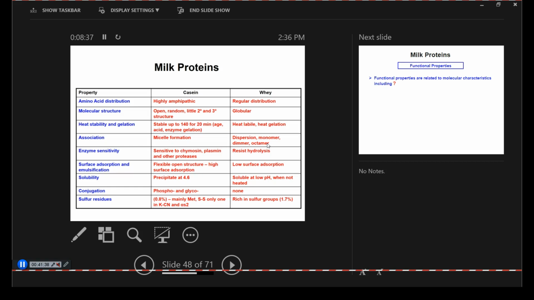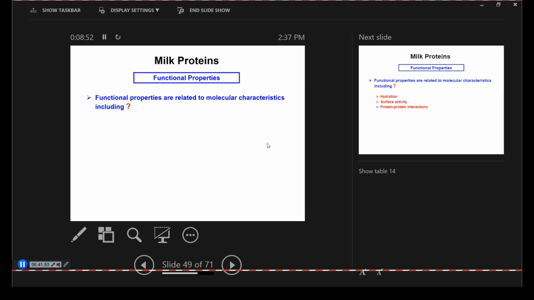It can also be used for gelation once it's thermally induced. So basically there are different applications for these different proteins based on these characteristics. So talking about functionality, the molecular characteristics that impact the functionality of dairy proteins include the main ones we talked about.